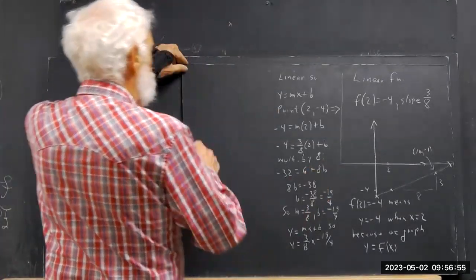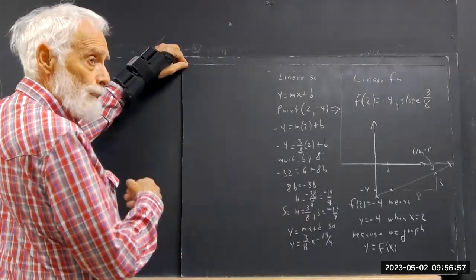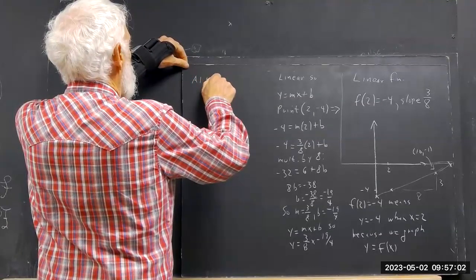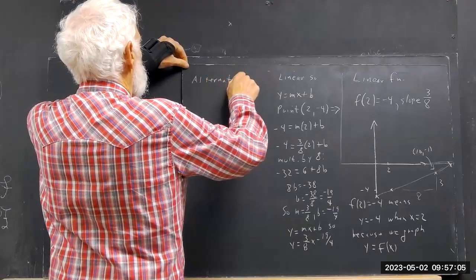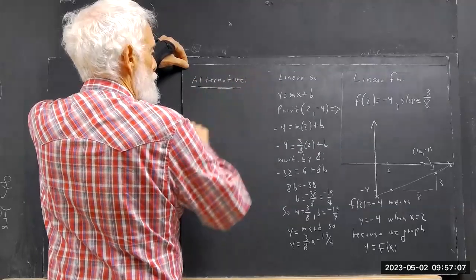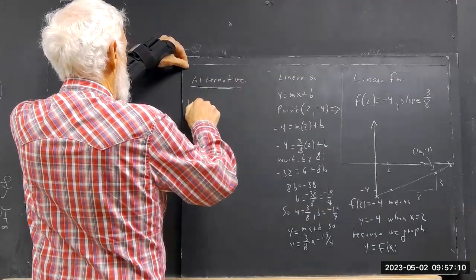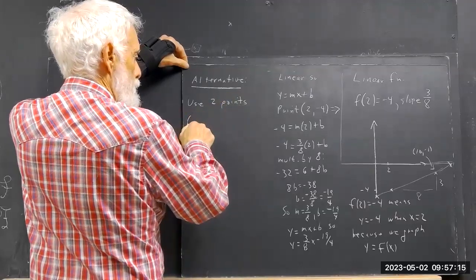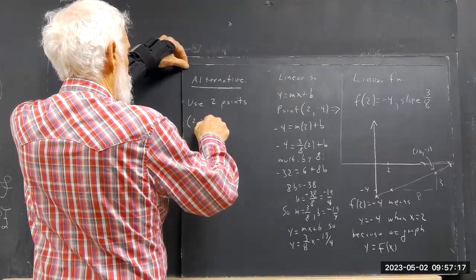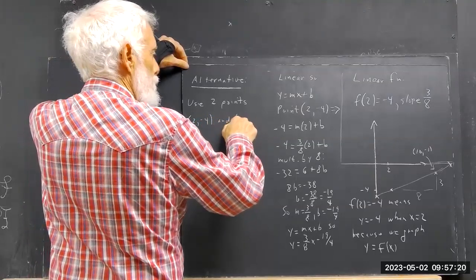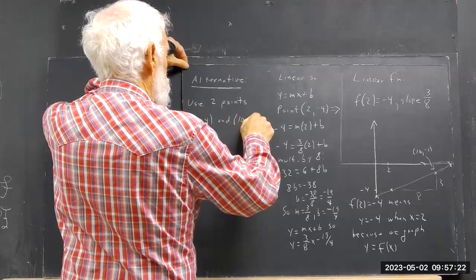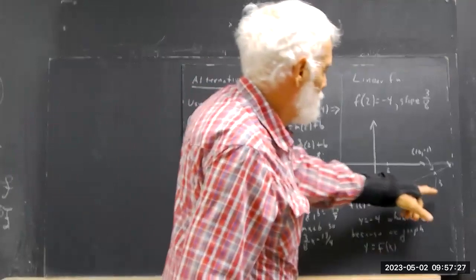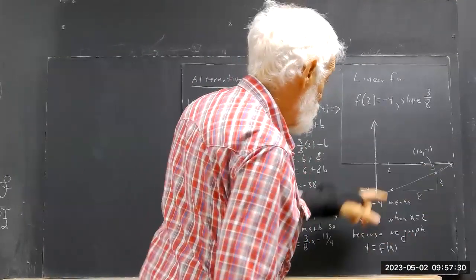Okay, so now we can use the fact that we have two points. We weren't given the point (10, -1), but we can certainly get it by using the run and the rise and the point that we do know.